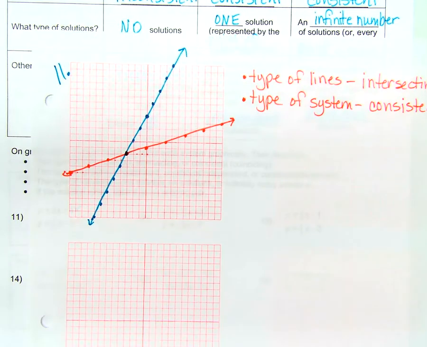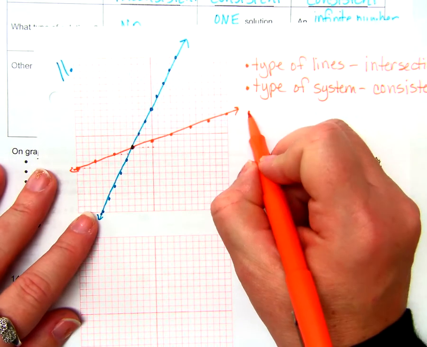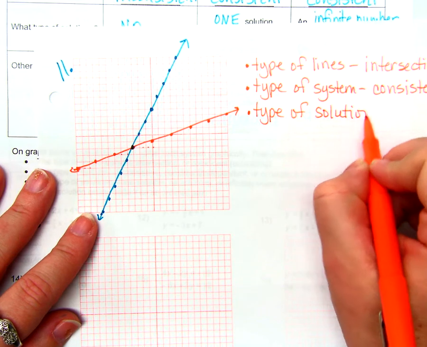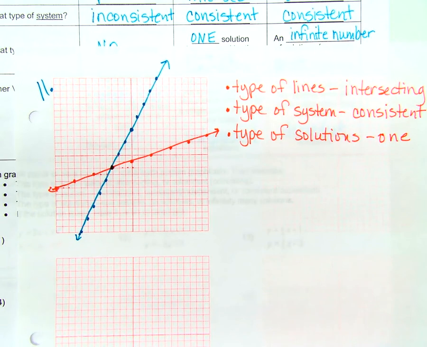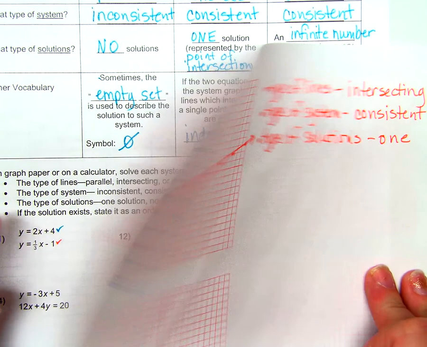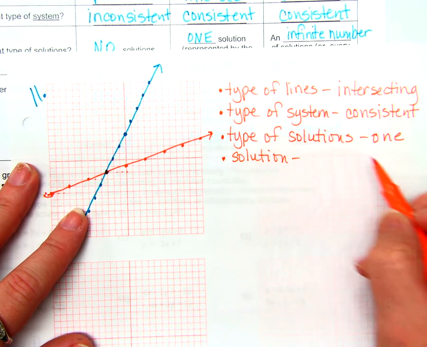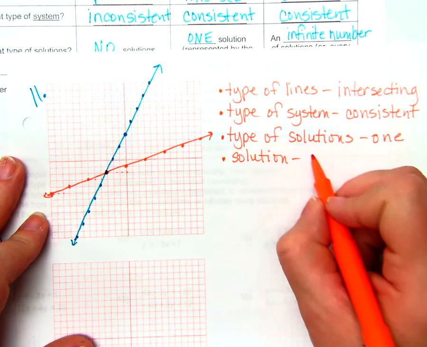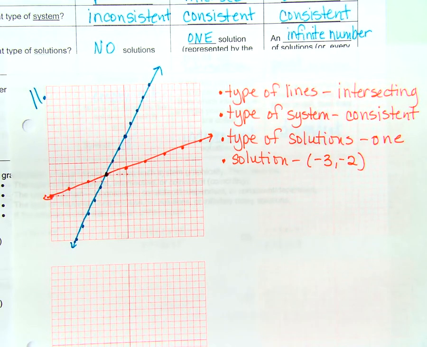And it's consistent because they touch? Okay. The next thing it wants is the type of solutions. One. Oh, sorry. One. And the last thing it wants is if the solution exists, stated as an ordered pair. So the last thing is the solution. Well, what is the solution? -3, -2. Okay? It's okay.